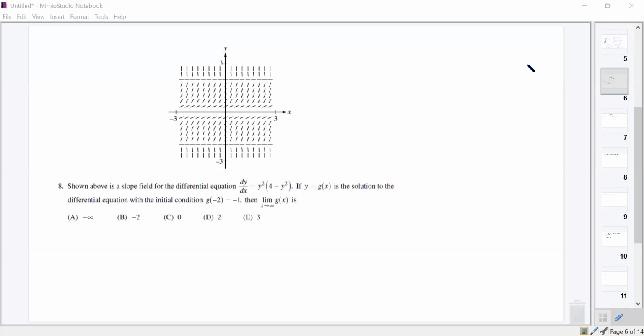So if we're looking at the initial condition of -2, -1, that's somewhere down here.